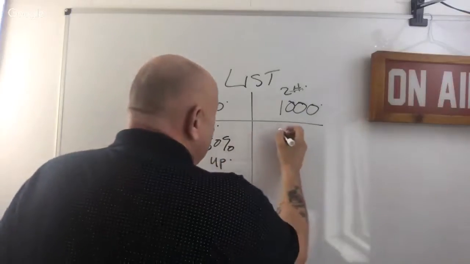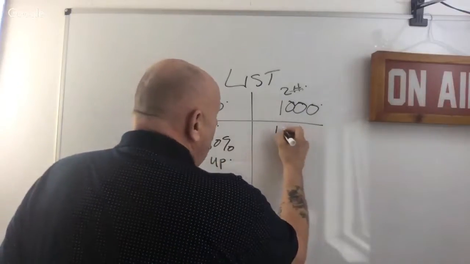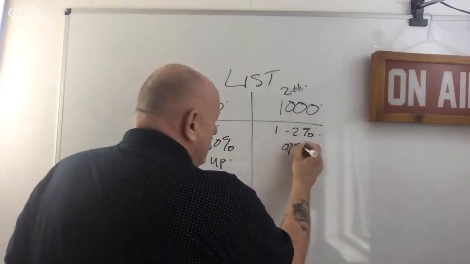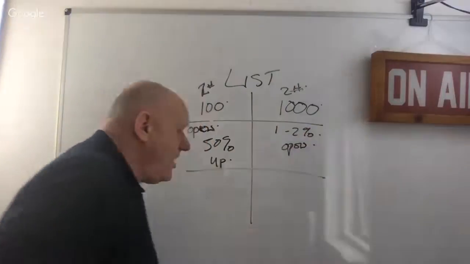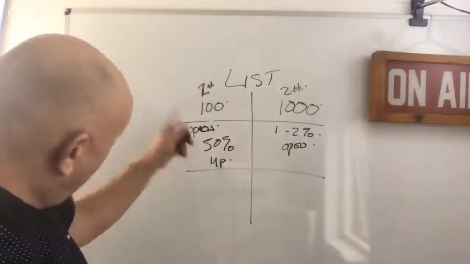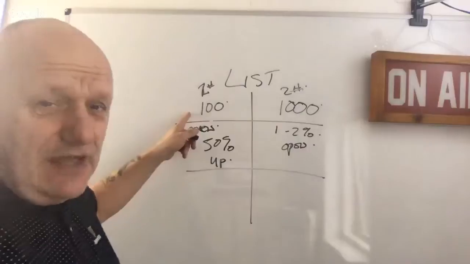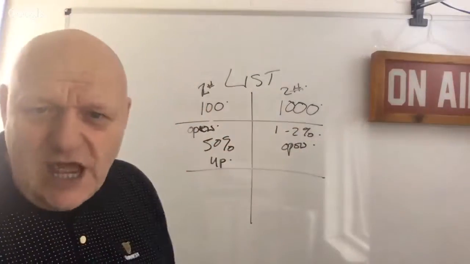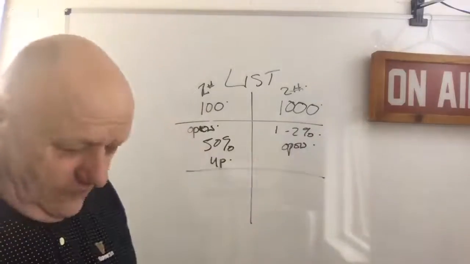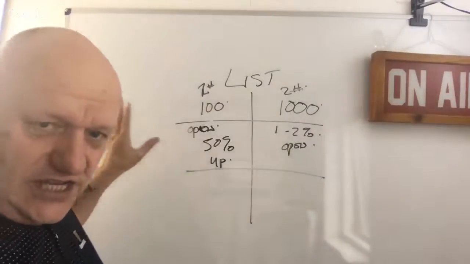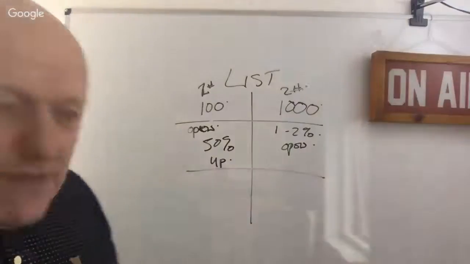This one has between 1 and 2% open rate. What email list would you rather have? This 100 email list, or this 1% to 2% open rate of 1,000? Well, I think you'll agree with me. The list that you want is the one where people open your emails, okay?